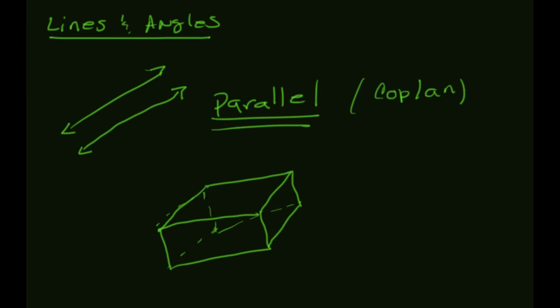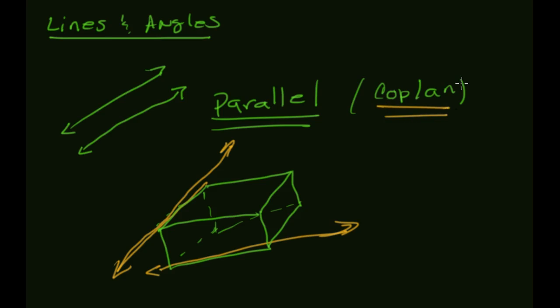If I look at this line here, the one on the top, and I look at this line here, one is in the lid of the box, one is in the bottom of the box. These lines will never intersect. And yet, they're not parallel in that they don't exist in the same plane.